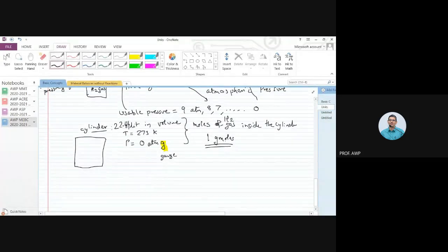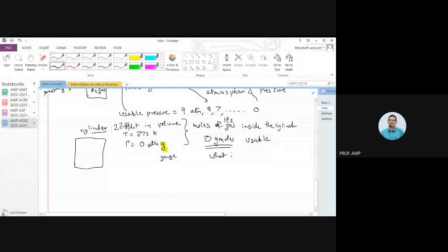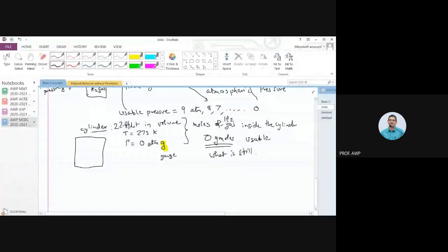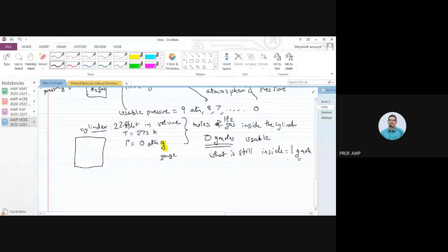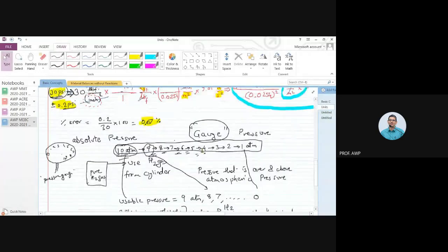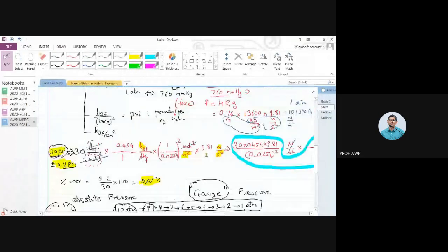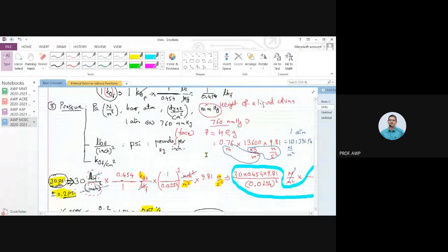So that means what is usable is 0 moles, but what is actually inside is 1 gram mole. That's why we talk in terms of gauge pressure rather than absolute pressure.